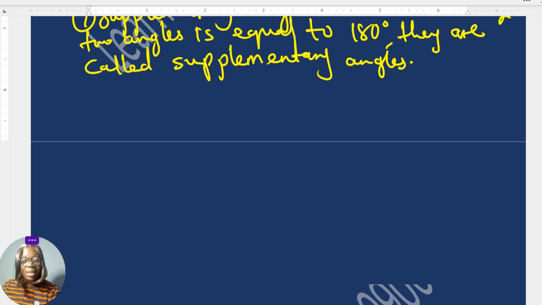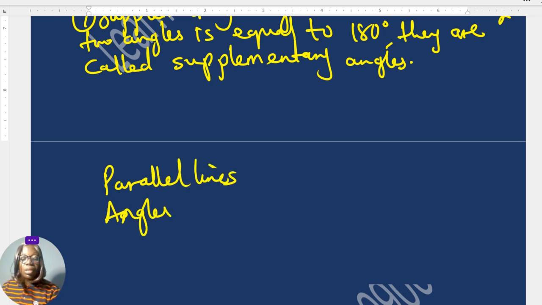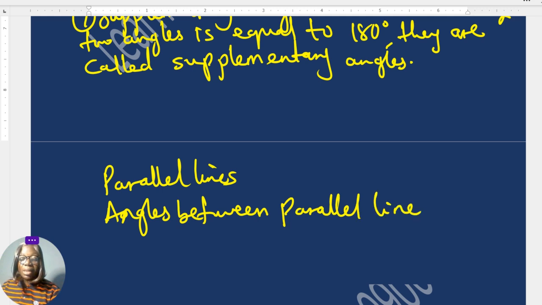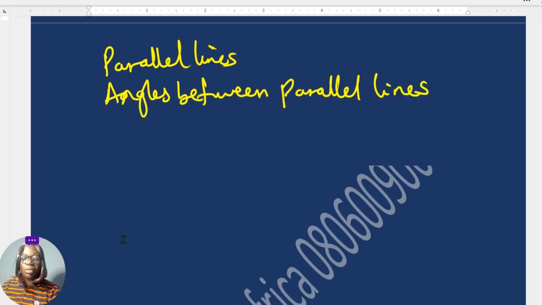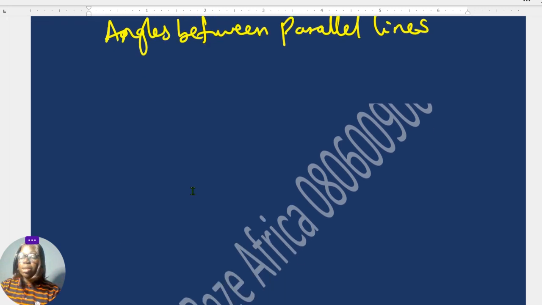So in the next class, you'll be learning parallel lines, and angles between parallel lines. This can be very broad, because you're going to have different exercises to do. Now, let's look at some questions as regards what we have learned.